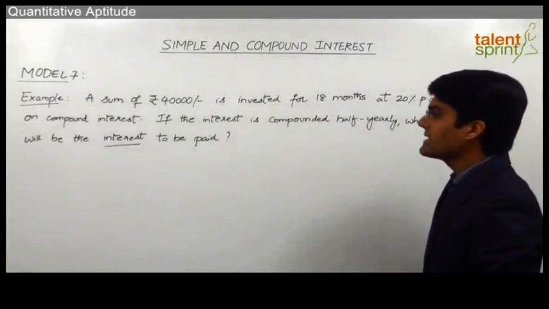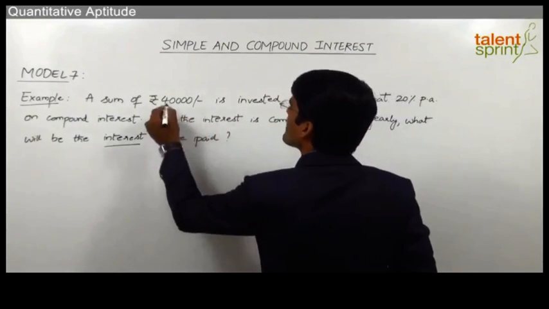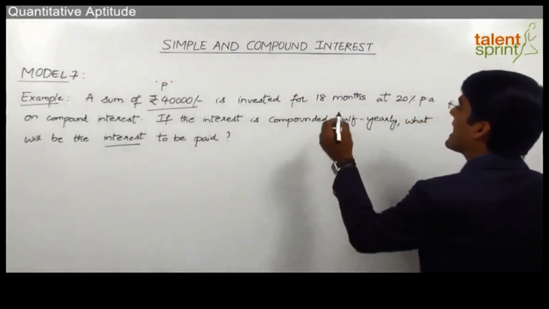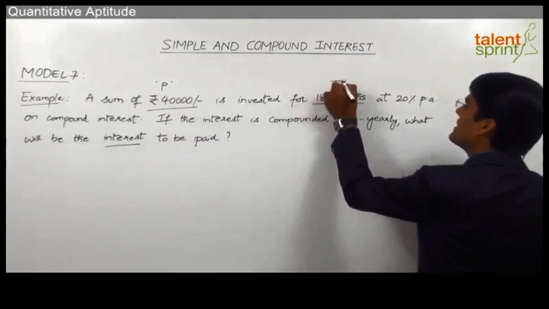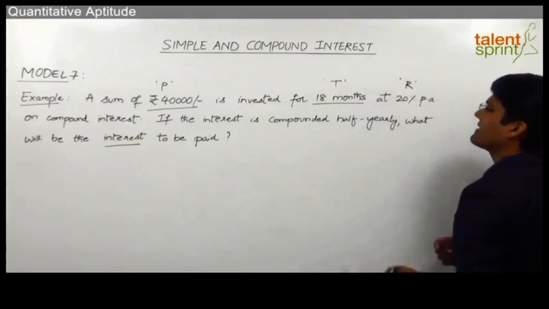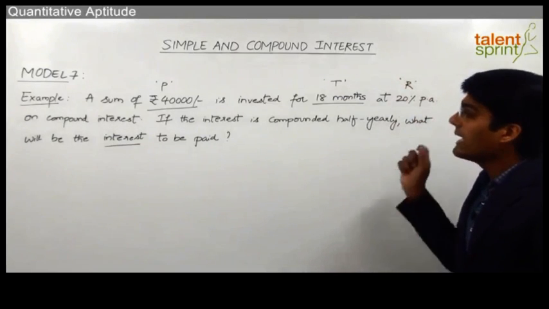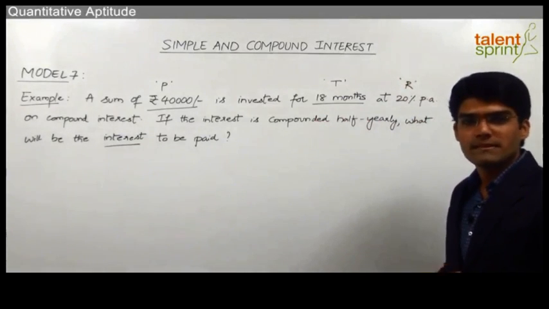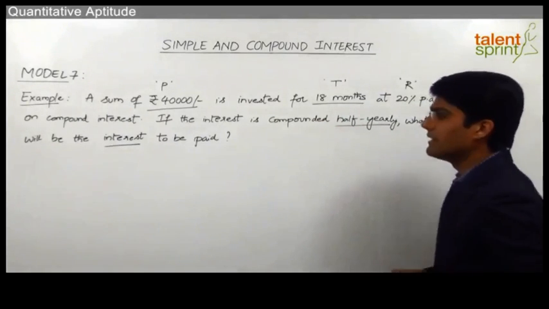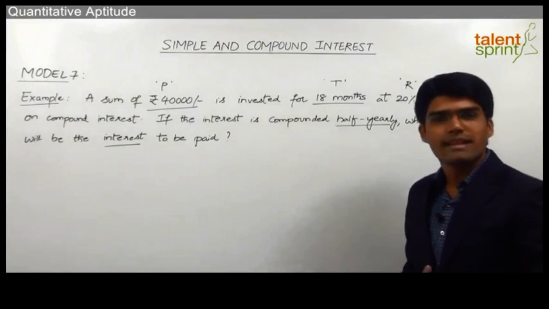And as given in the question, a sum of rupees 40,000 is invested. So very clearly the principal is equal to 40,000 for a time period of 18 months. So the time here is 18 months at 20% per annum. So the rate of interest is 20% per annum, and this is on a compound interest basis. And it is also mentioned that the interest is compounded half yearly. So what will be the total interest that has to be paid?